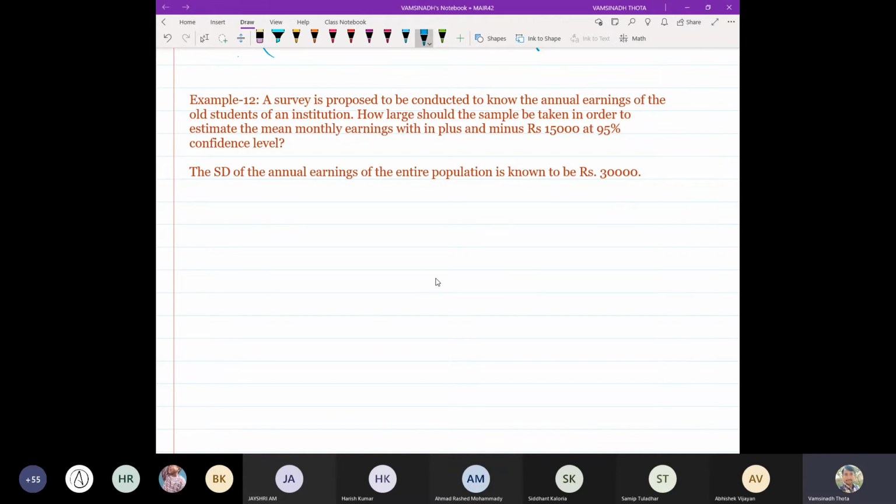So a survey is proposed to be conducted to know the annual earnings of the whole students of an institution.